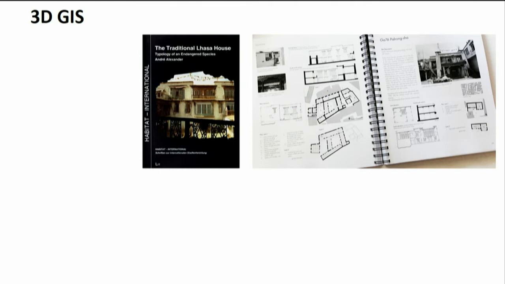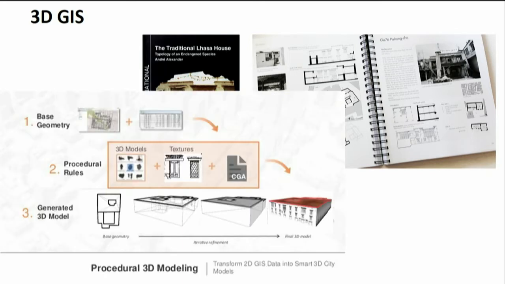So we started with André Alexander's architectural data and applied that to CGA scripts in CityEngine, and quickly created all of the base buildings, and then that's the procedural part, and then started to make handmade buildings in 3ds Max.